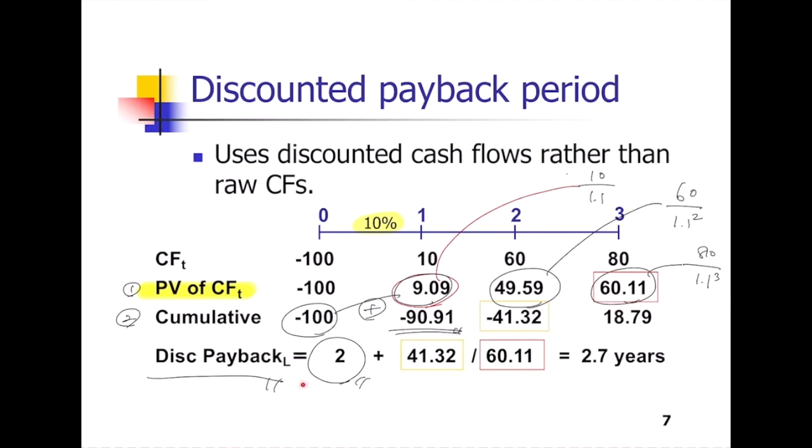And then we get the discounted payback period, 2.7 years. It means what? Yeah, if we invest in this project, our money can be gotten back after 2.7 years, right?